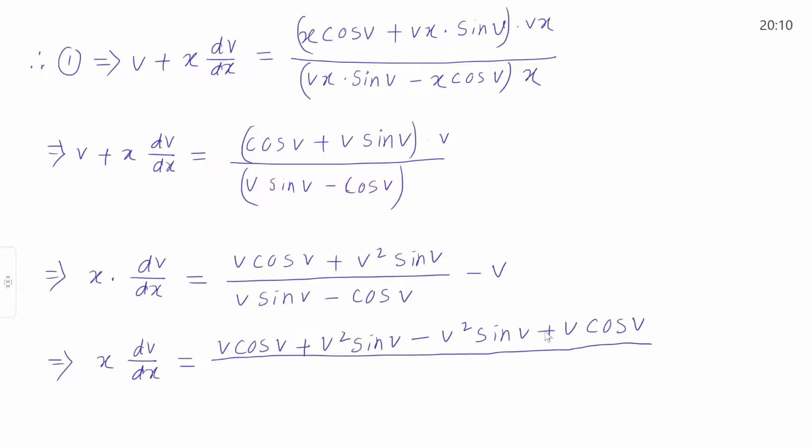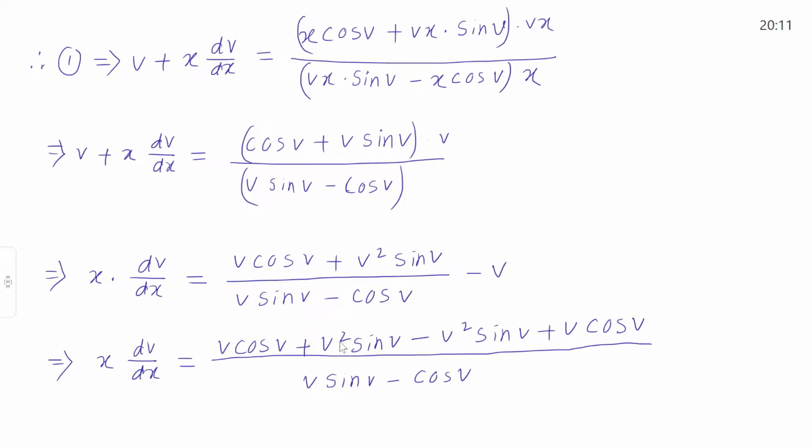Is that clear? Divided by this is v sin v minus cos v, this is our expression now. Now here you see v square sin v and v square sin v cancel, v cos v plus v cos v means twice v cos v divided by 2 will remain.